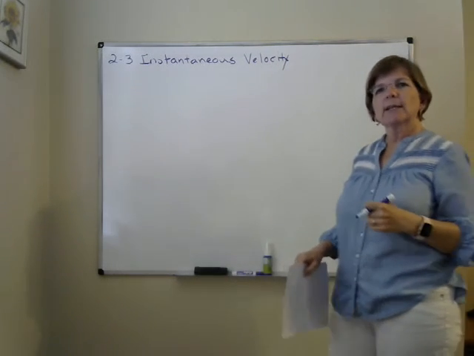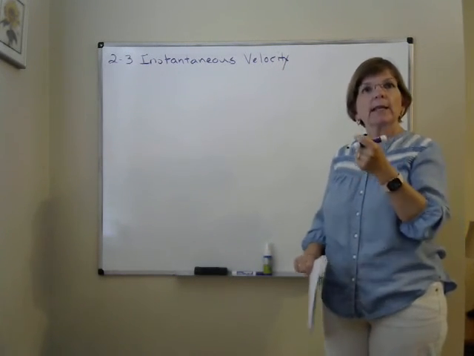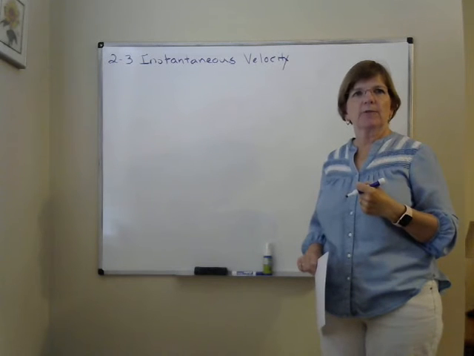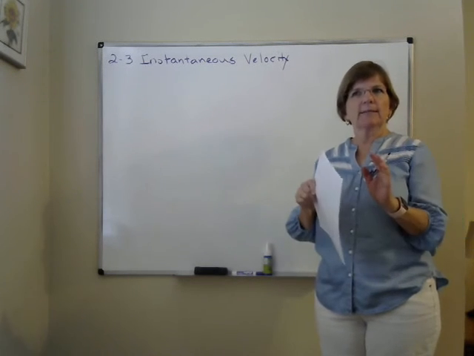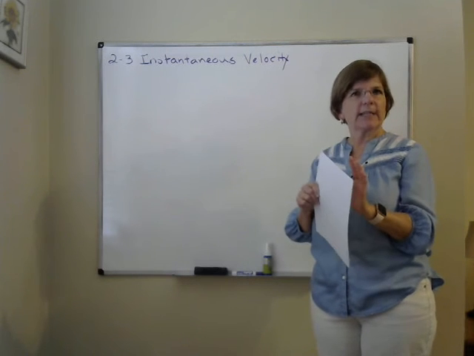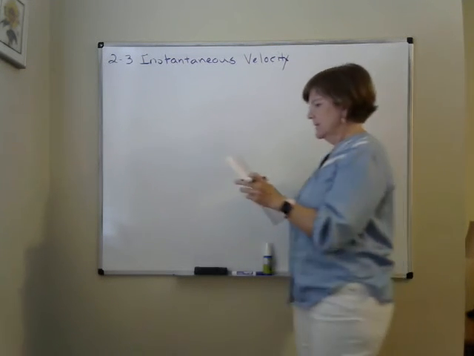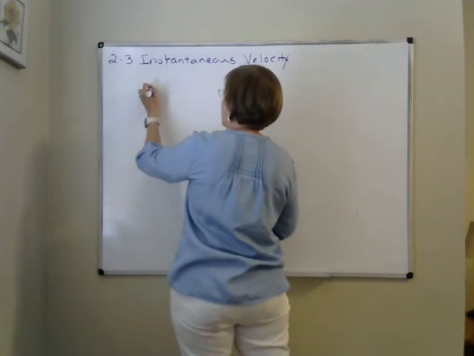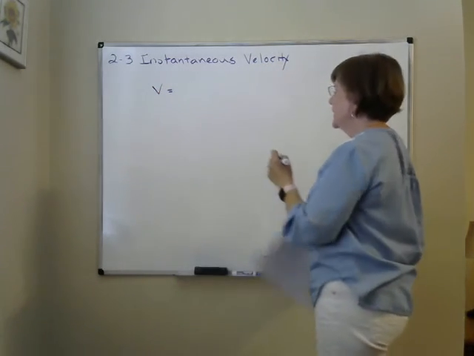Instantaneous velocity could be considered average velocity, but over a really, really short time interval. Not over 3 hours, maybe over a second, maybe over a half of a second, maybe over a tenth of a second.